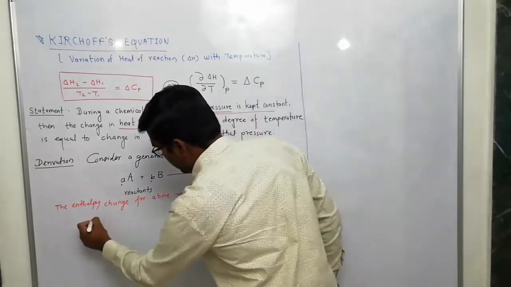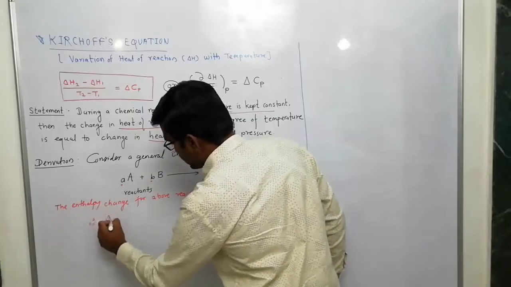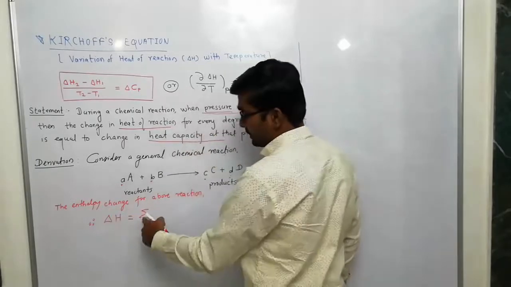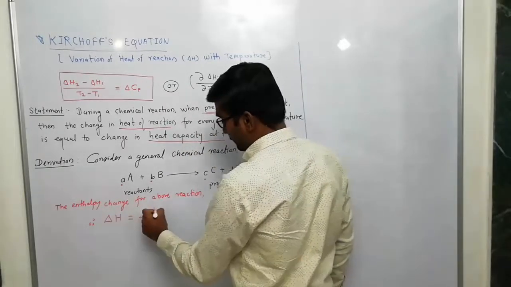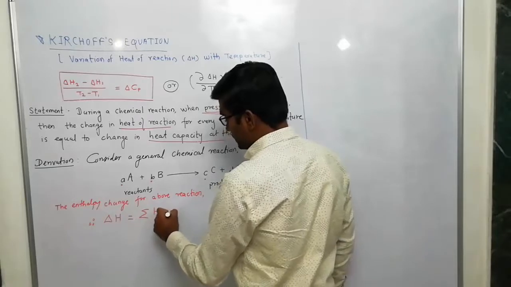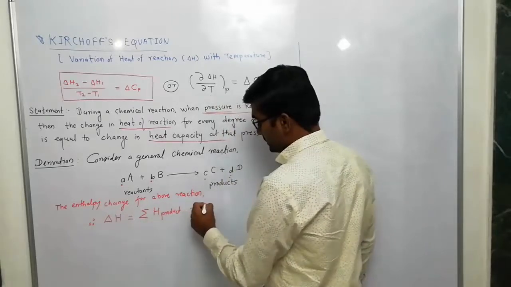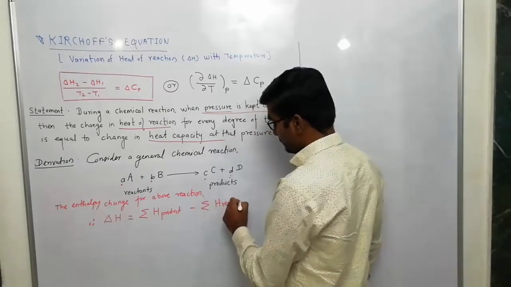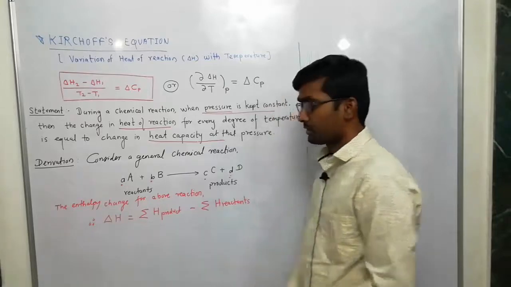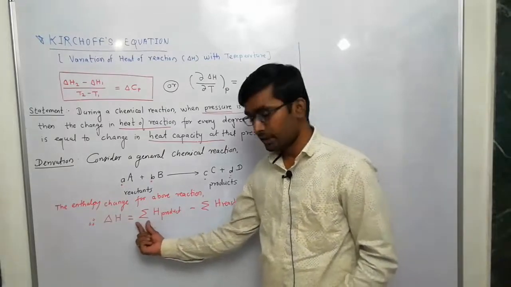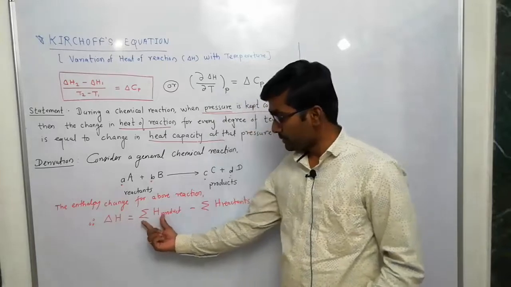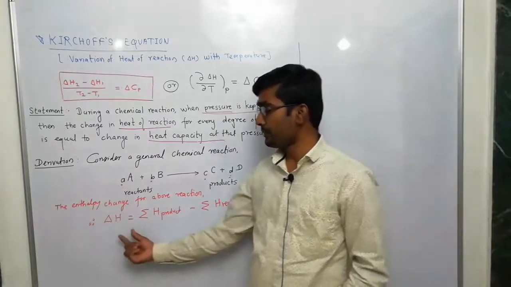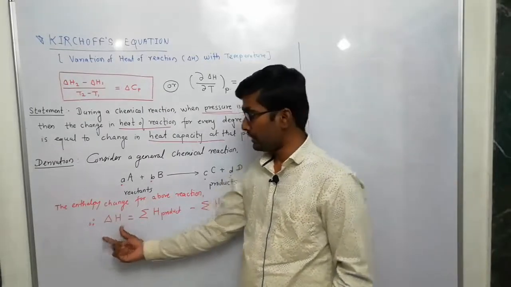The enthalpy change for the above reaction will be delta H, which is equal to the summation of enthalpies of products minus the summation of enthalpies of the reactants. This will give us the enthalpy change of our given chemical reaction.